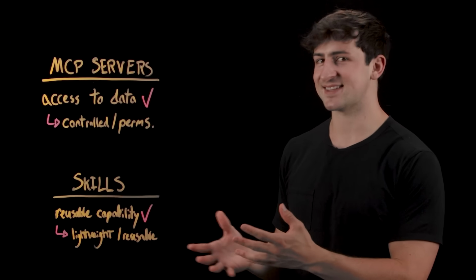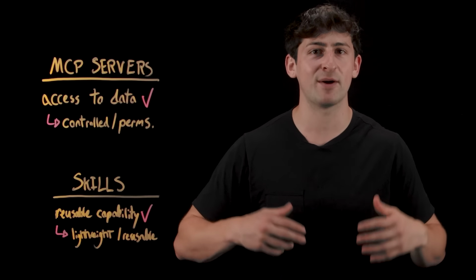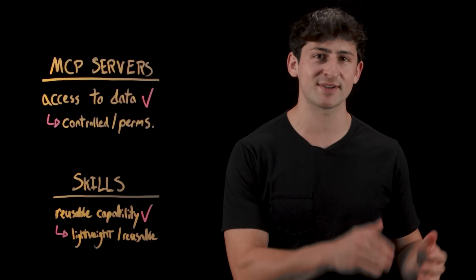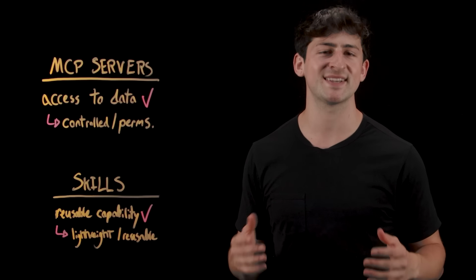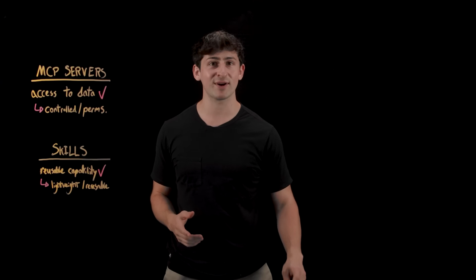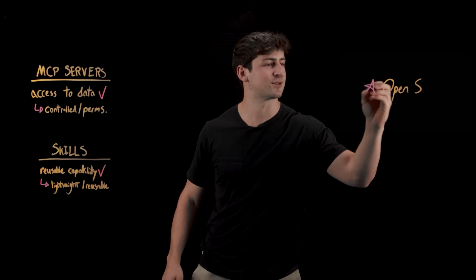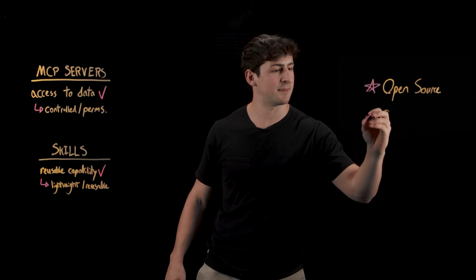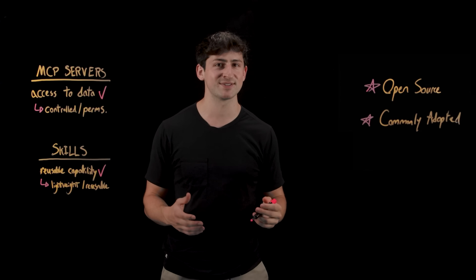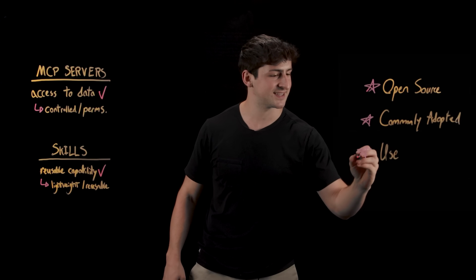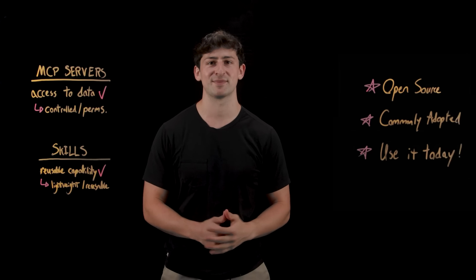Both of these can enhance the context window of your LLM, which can help give you the right answer or output you're looking for when building or using AI agents. But what's important is that they're both open source, they're both commonly adopted in most AI tools today, and you can start using them today locally on your machine.